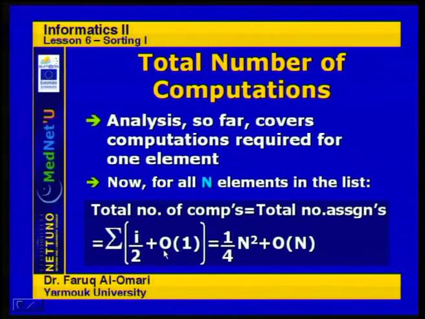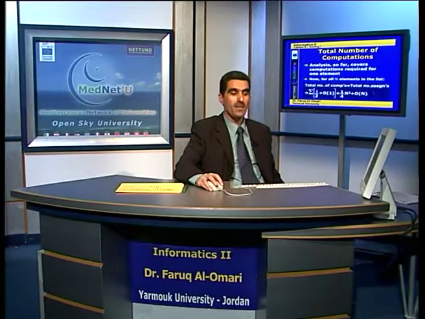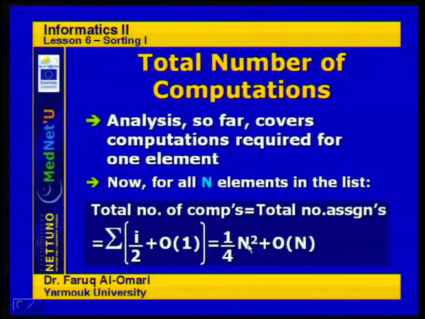And if I do this, this is a simple arithmetic series, and it comes out to something like 1/4 n squared plus order of n. That means if I have a list of n entries, then on average I need a number of computations, comparisons, and assignments in the order of 1/4 of n squared.